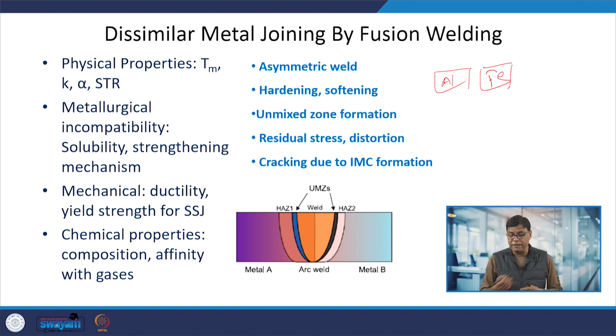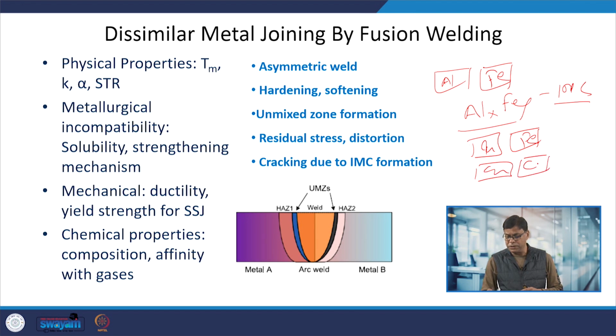This kind of incompatibility leads to the formation of AlxFey kind of intermetallic compounds. In all combinations like copper-iron or copper-aluminum, where the systems are incompatible, bringing them in contact leads to undesirable intermetallic compounds, which are hard and brittle, leading to reduced tensile strength and ductility.